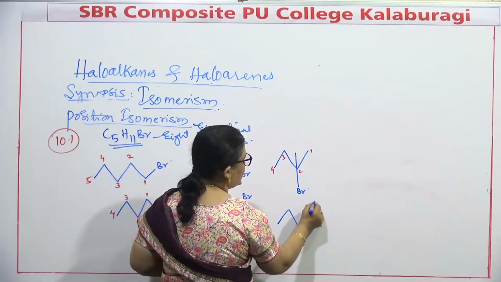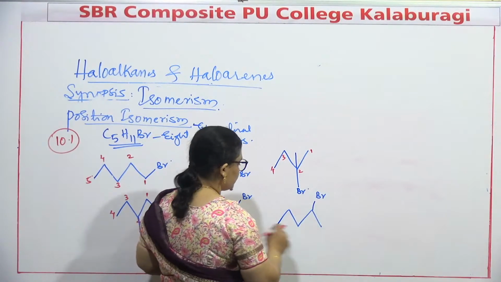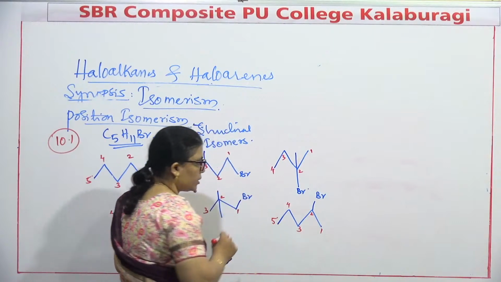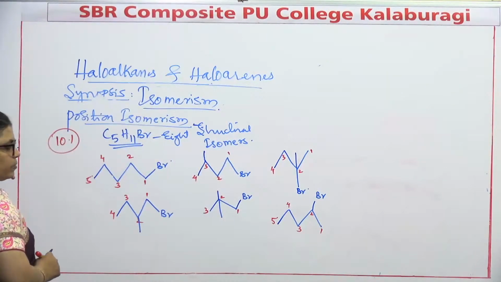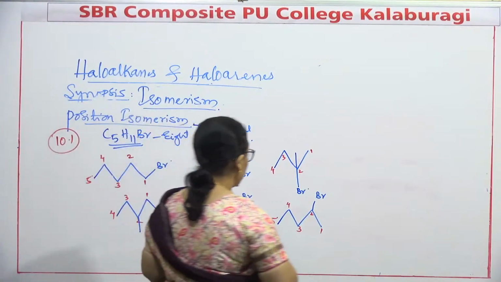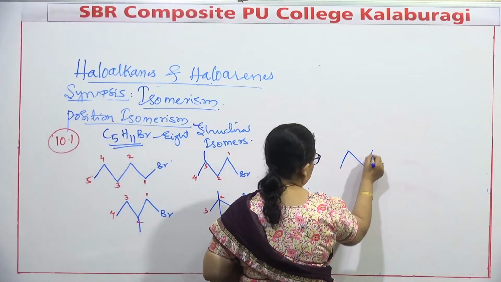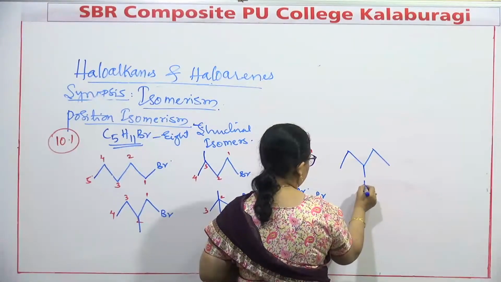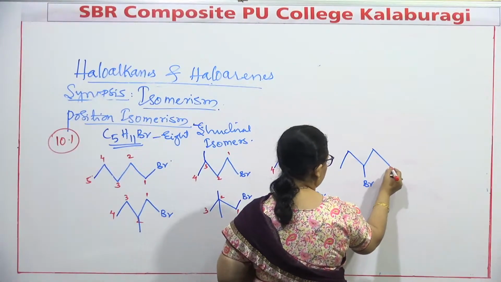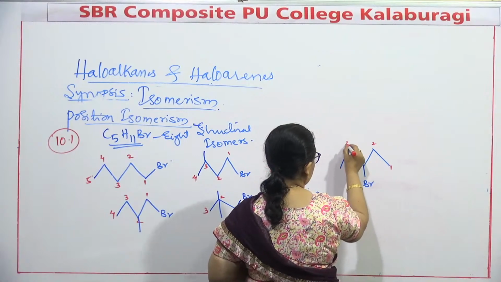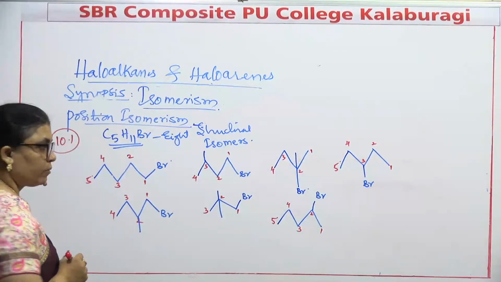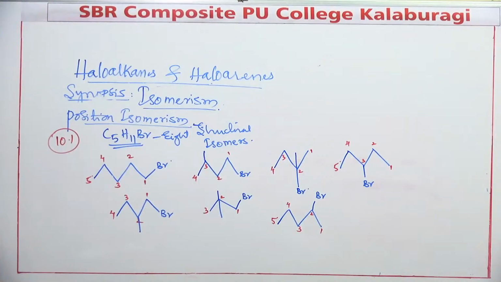Correct? This will be Br. Even we can write Br at the third carbon atom. Correct? 1, 2, 3. We can write at this carbon atom also.